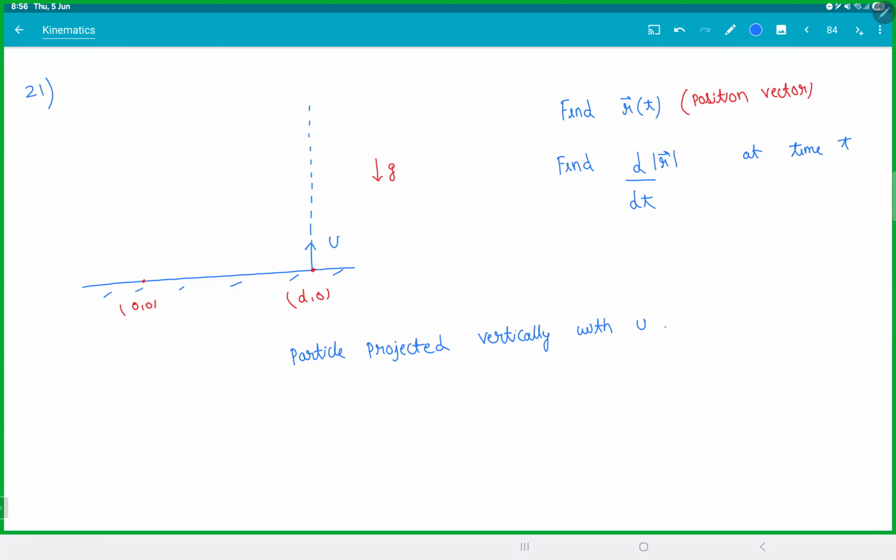Samyak, position vector is fine. Yeah, all of you getting the position vector right. I want d mod r by dt. I'm more keen on that. Get me the answer for that.